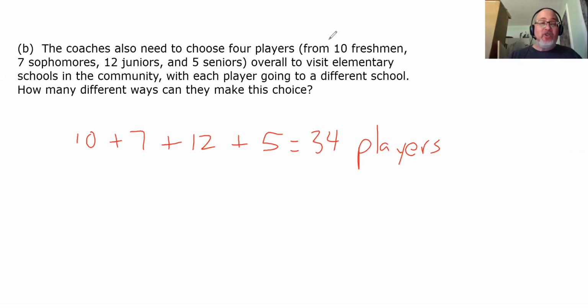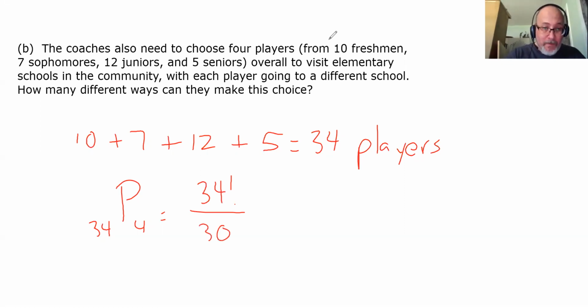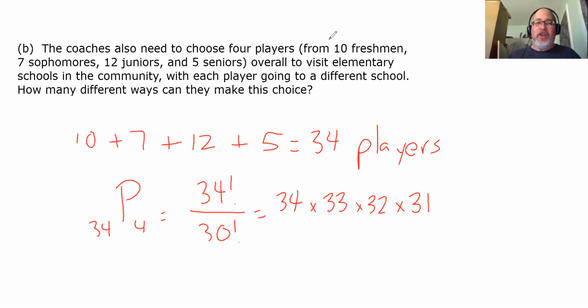And because the order matters, this is a permutation. Of the 34 players, they're going to pick 4. And remember, in the permutation formula, the first number goes on top, but only the difference goes on bottom. 34 minus 4 is 30. And if we were to write out the factorials, the 34 factorial would start 34 times 33 times 32 times 31, but we wouldn't have to write the rest of it because the rest of it is 30 down to 1, which would cancel the 30 down to 1 in the bottom.